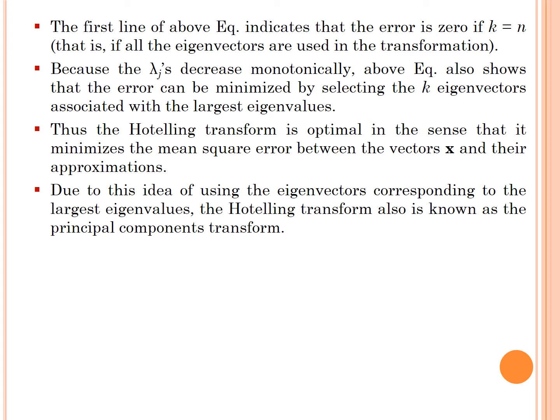Thus, the Hotelling transform is optimal in the sense that it minimizes the mean square error between the vectors x and their approximations. Due to this idea of using the eigenvectors corresponding to the largest eigenvalues, the Hotelling transform is also known as the principal component transform.